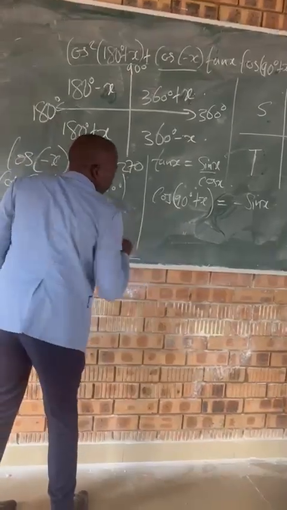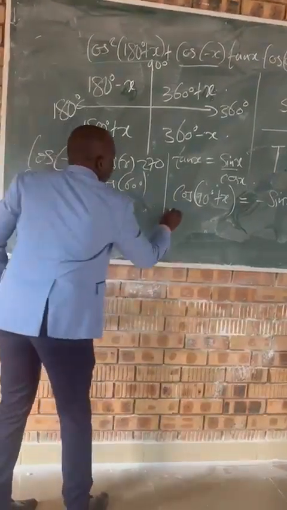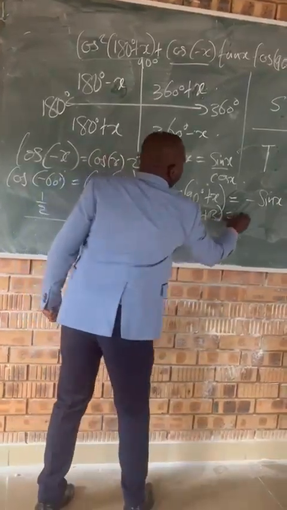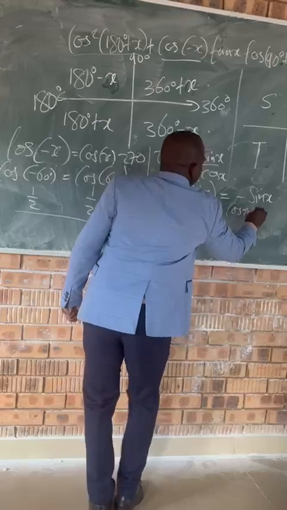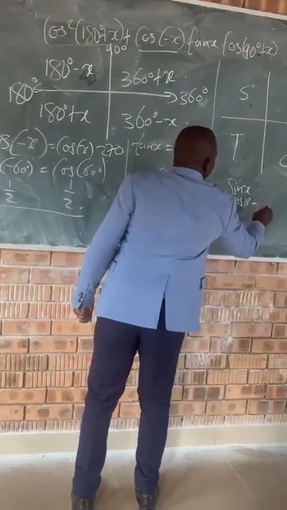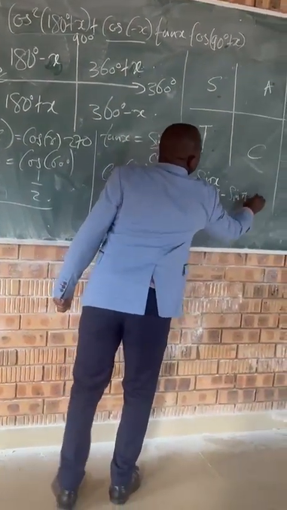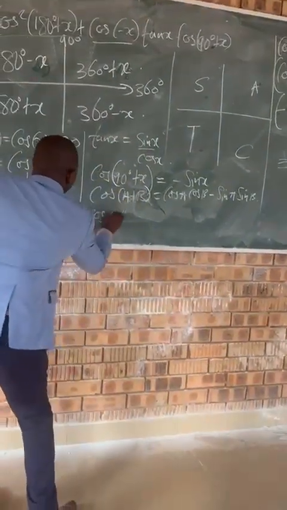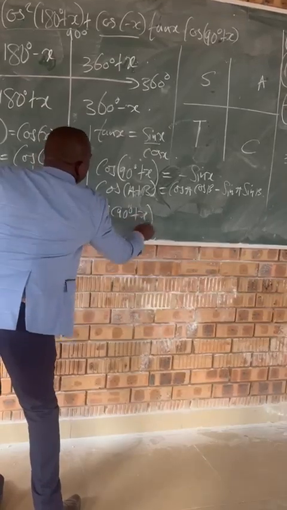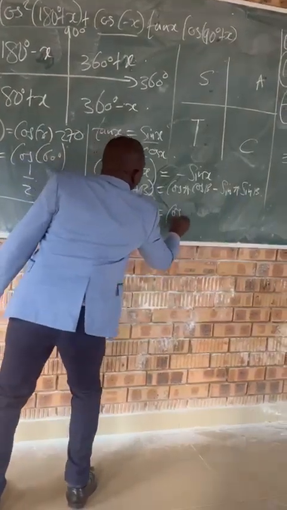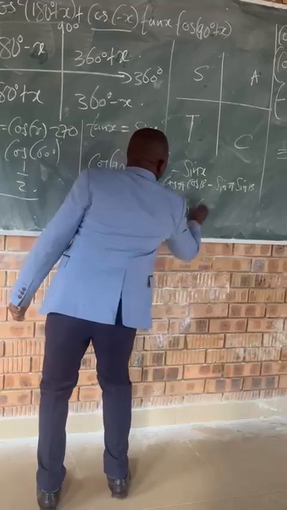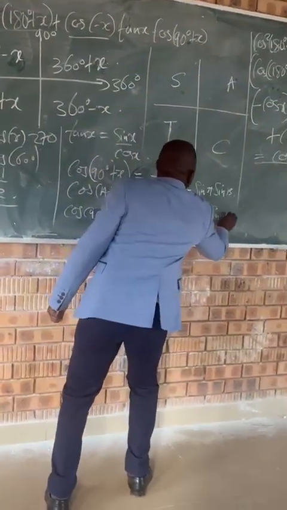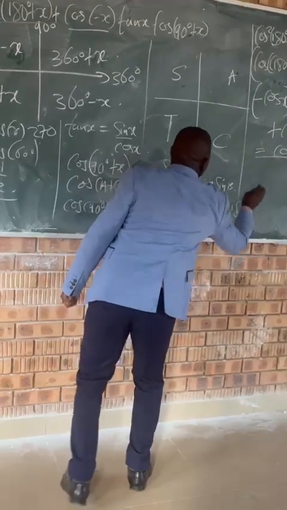From the compound angle expansion, cos(A plus B) equals cos A cos B minus sine A sine B. Therefore cos(90 degrees plus x) is cos 90 degrees cos x minus sine 90 degrees sine x.